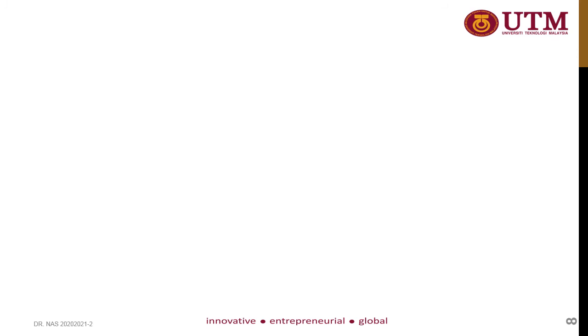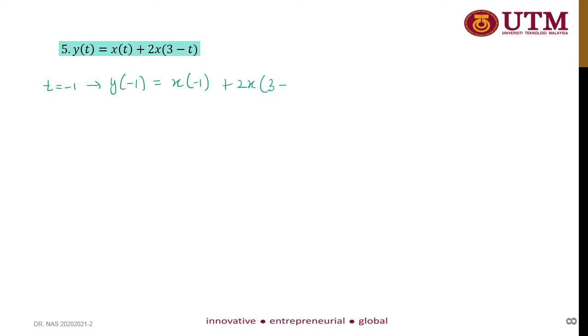Okay, let's look at one more example given by this equation. Try three different t values, when t equal to -1. So your y(-1) equal to x(-1) plus 2x(3 minus -1).